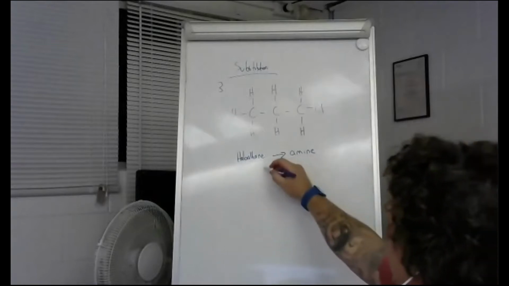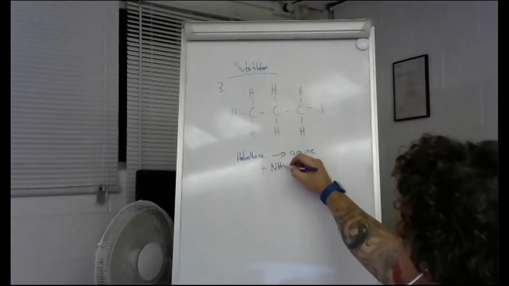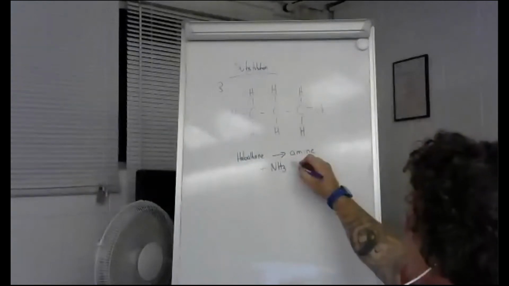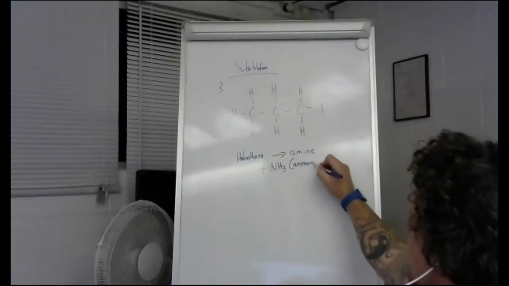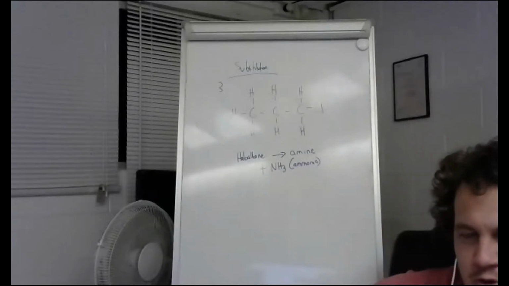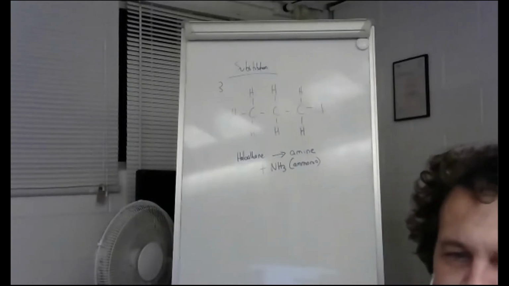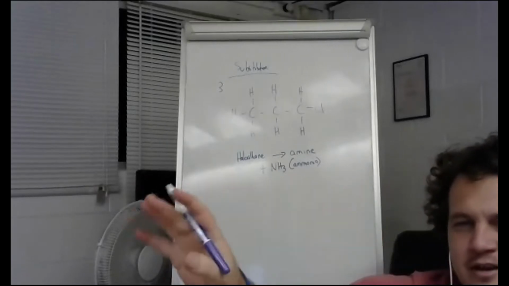If we add NH3, or ammonia, now if you understand your functional groups, you shouldn't have a problem with it. There's only one functional group that just has nitrogen and hydrogen.